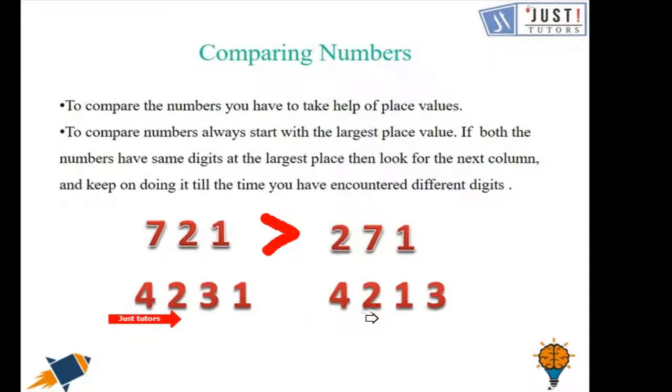Well, both of them are same again. So now we will move ahead and compare the numbers in the tens column. This is 3. And it is 1. So 3 is more than 1, therefore this number is bigger than 4213.